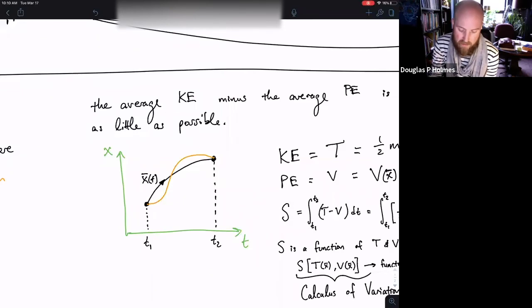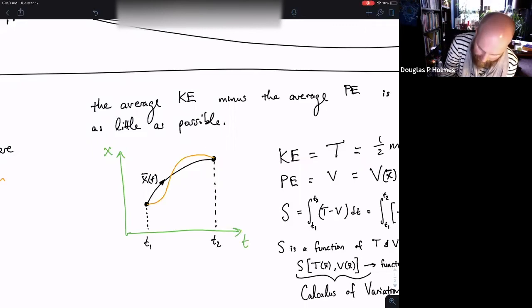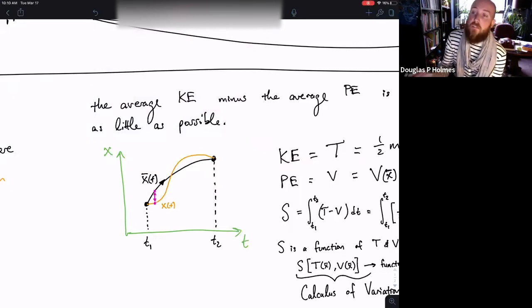My virtual path is going to start and end in the same locations. That's kind of crucial. We can call this path x of t. And at every single point, there's going to be some difference between my actual path and my imaginary path, which we're going to call eta of t.